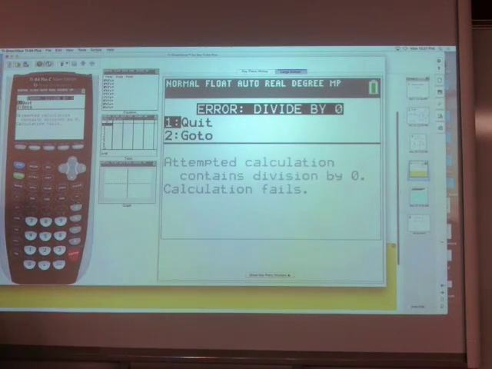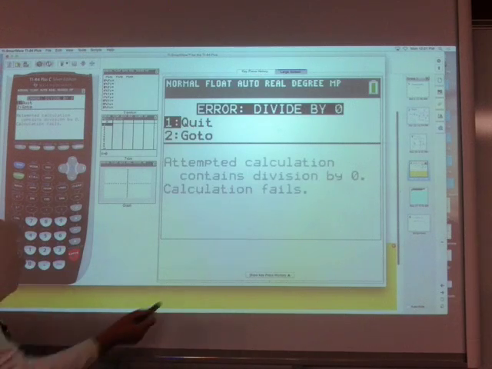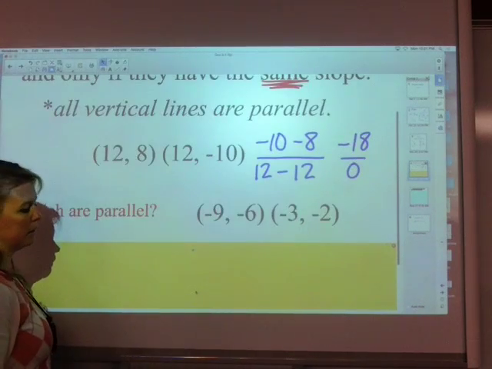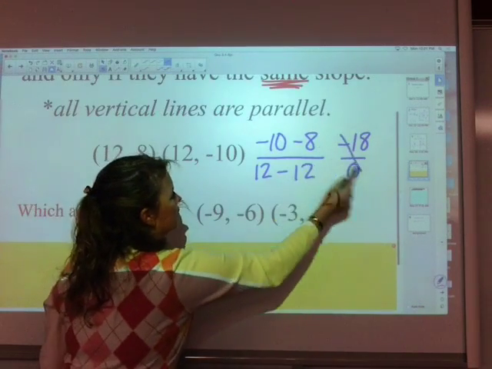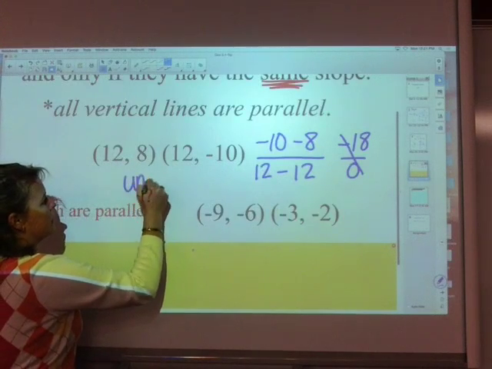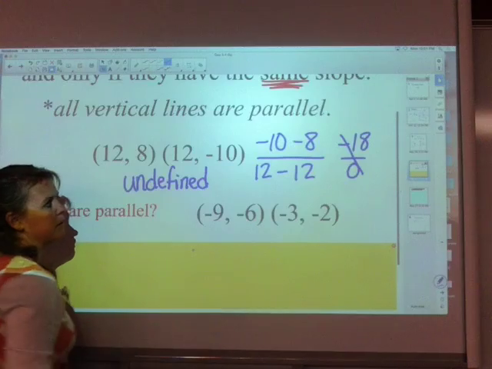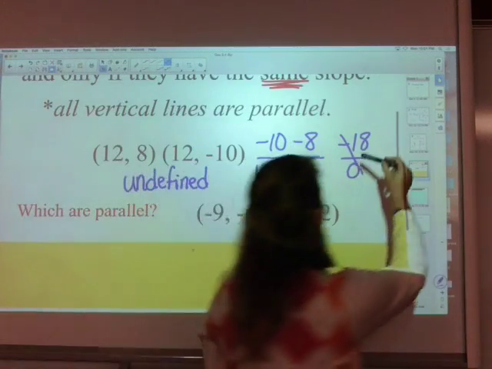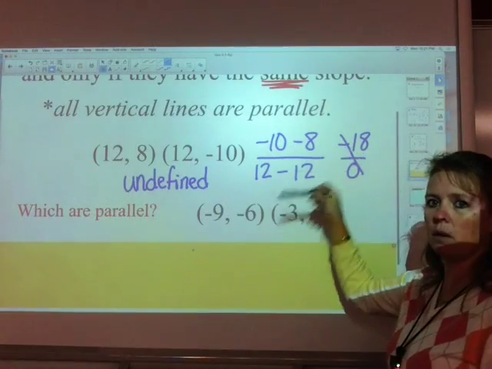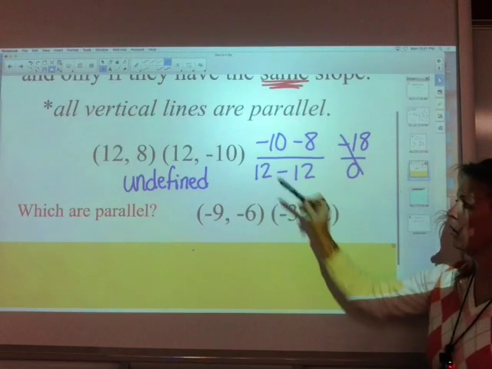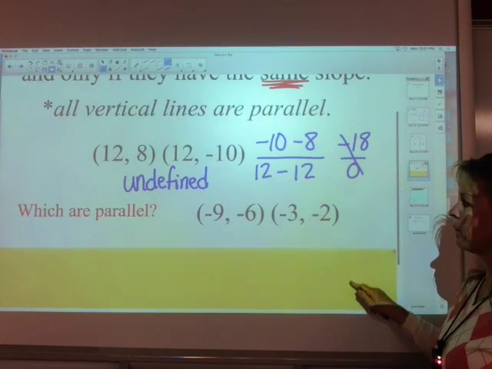This calculator is a little fancier than yours is, but you cannot divide by 0. You will answer this question that it is undefined. Anytime you divide by 0, it is undefined. You are not allowed to leave it as negative 18 over 0, and you're not allowed to say no slope. You must say that it's undefined.